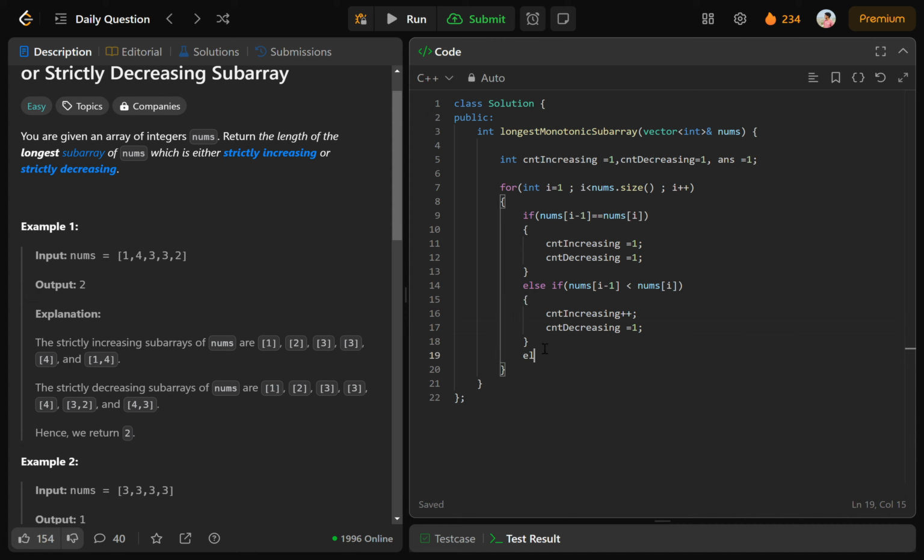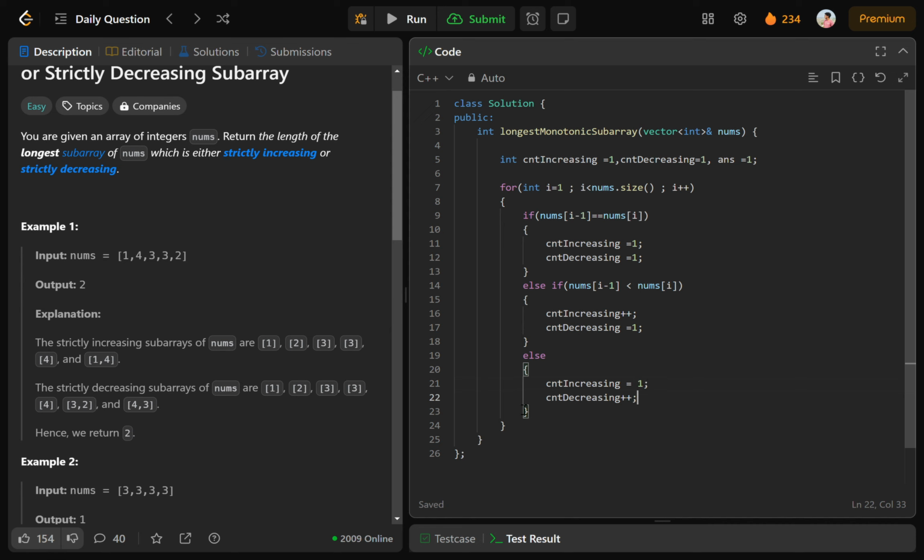And in the else case, the previous element would be greater because it is not following the first two cases. That means it is following the property of the decreasing subarray. So we will set this one to 1 and increment this one.